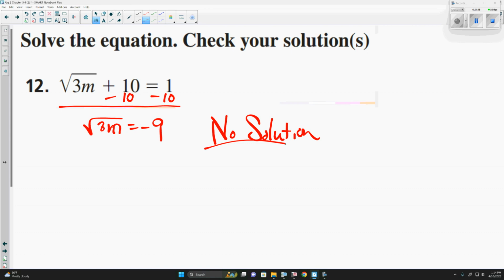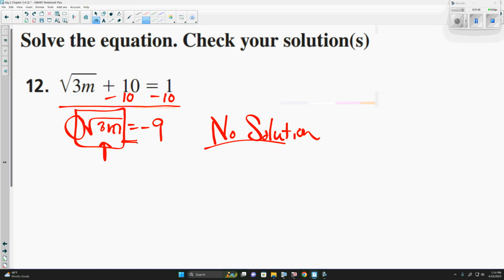So again, before you just jump to the fact that it is no solution, make sure that radical is completely by itself. Because if it had worked out to be negative square root of 3m, multiply both sides by negative 1, the 9 is now positive, it works. But if this radical is completely by itself, there's nothing being multiplied or added or subtracted from it, and it's equal to a negative, it's not going to work.